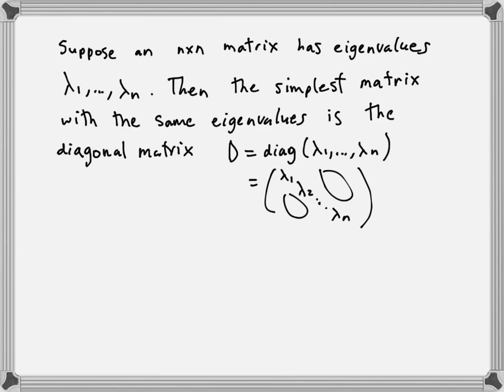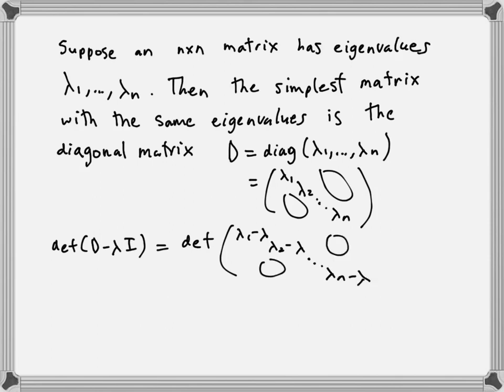Okay, I'm hoping that it's easy for you guys to see that this has the same eigenvalues, right? The eigenvalues of a diagonal matrix are just the diagonal elements, right? Because what would the determinant of D minus lambda I be? It would just be the determinant of lambda 1 minus lambda, lambda 2 minus lambda, lambda n minus lambda.